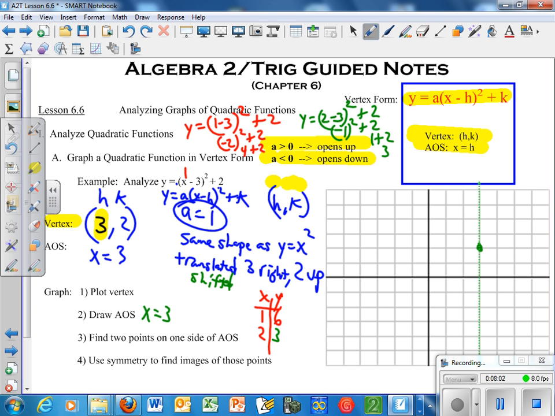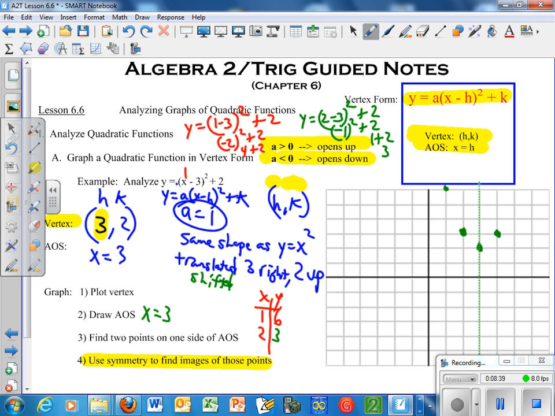So let's plot those 2 points. So I'm going to plot (1, 6). So 1, 2, 3, 4, 5, 6, which is going to be right there. And I'm going to plot (2, 3). Now, all you have to really do if you think about a parabola being symmetrical is, and this is what I say right here, just imagine folding that on the axis of symmetry, that this point would have to be on there because it's symmetric to this point right here.